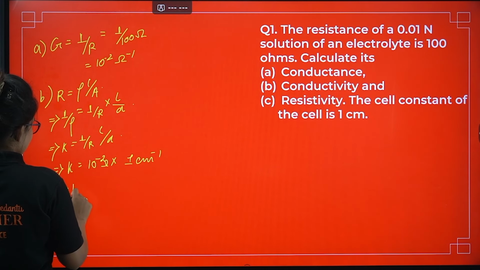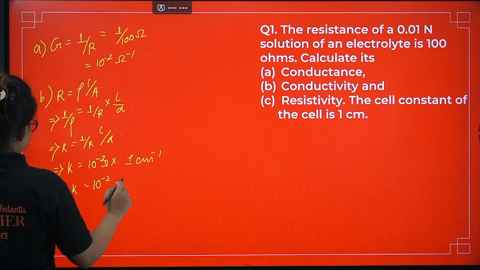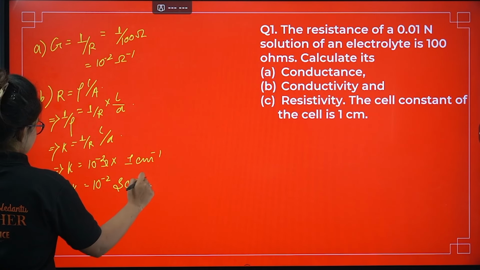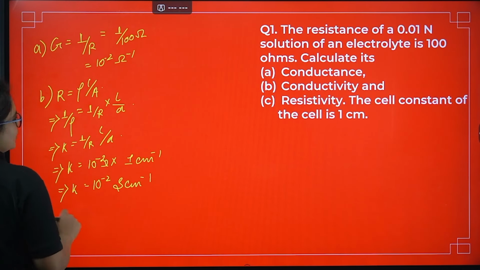So kappa is going to be 10 power minus 2 Siemens centimeter inverse. So conductivity also we got.